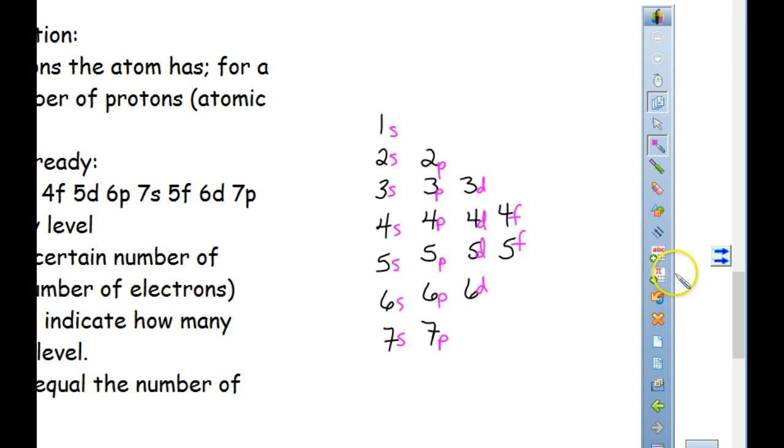Now here comes the slightly tricky part. You're going to draw diagonals from the upper right to the lower left, top to bottom.